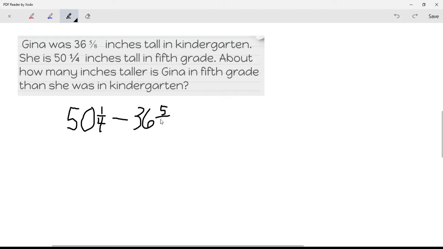Now, this is a pretty straightforward problem, but one thing I want to point out is that the numbers in the mixed numbers are quite big. So this shows the reason why I prefer not to convert these numbers into improper fractions to subtract them.